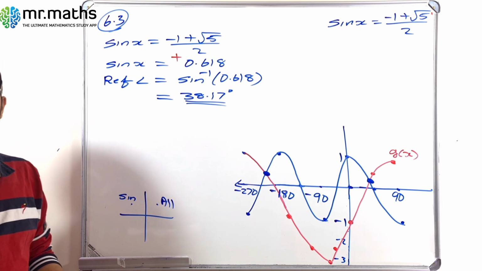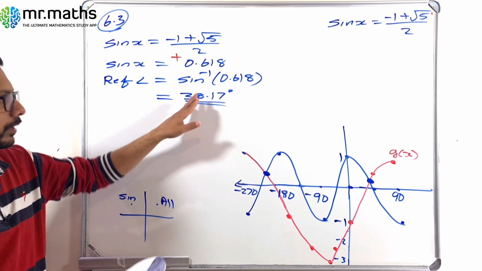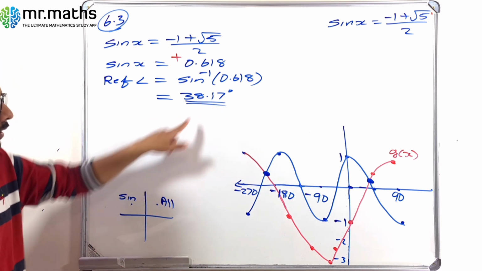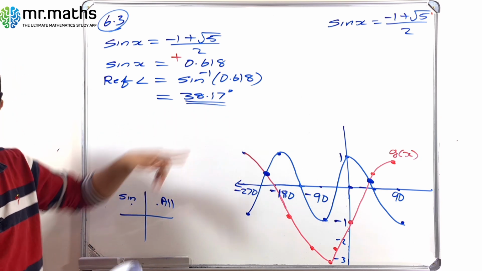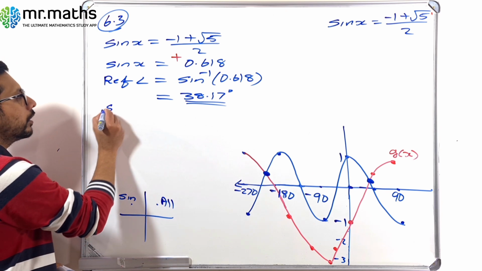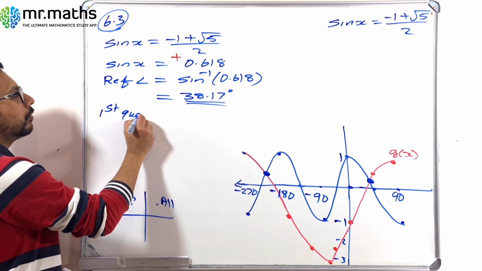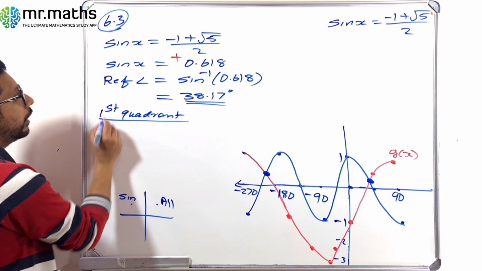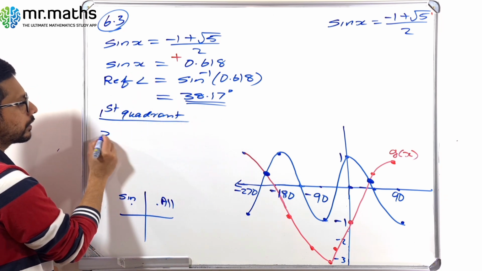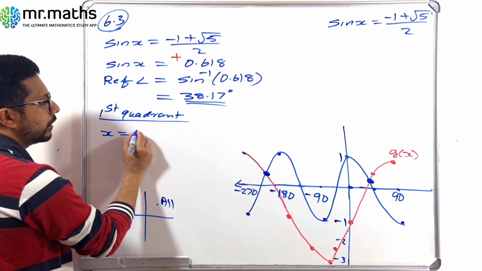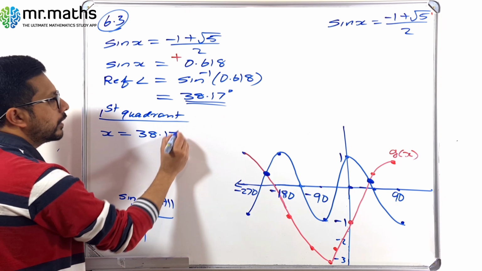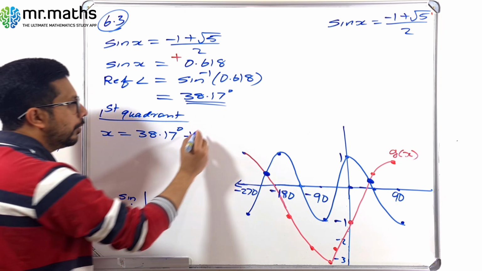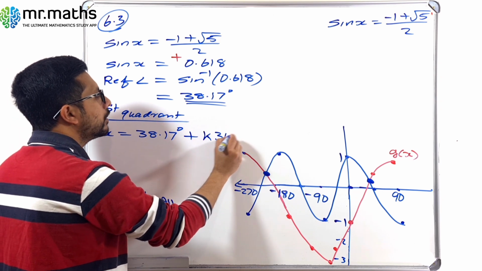So in the first quadrant, this reference angle is an acute angle. So in the first quadrant, what is the angle here? The angle is x, so x is equal to this 38.17, that's the acute angle itself, plus k 360 degrees.